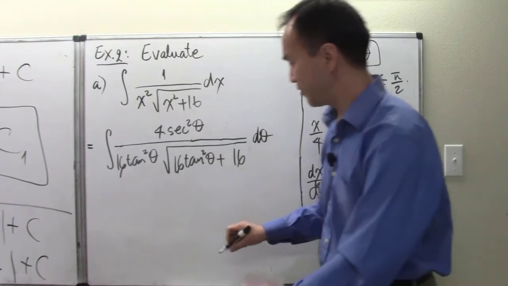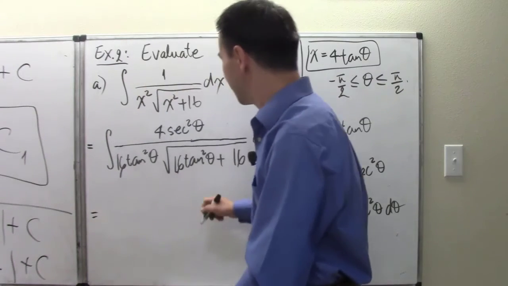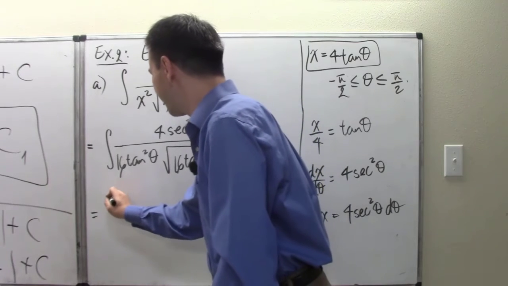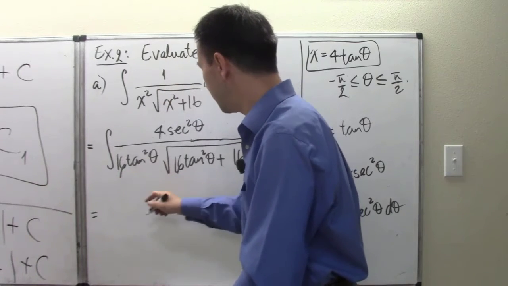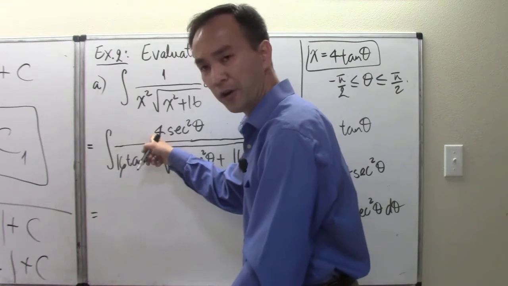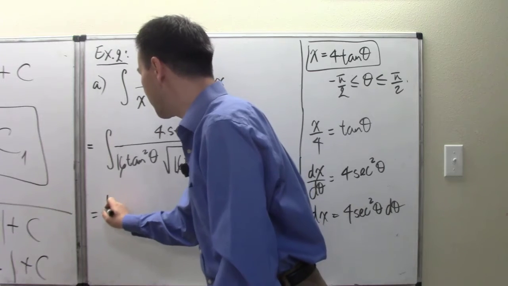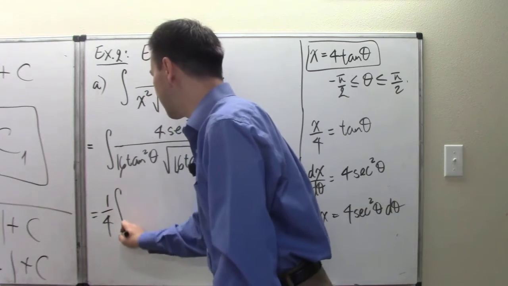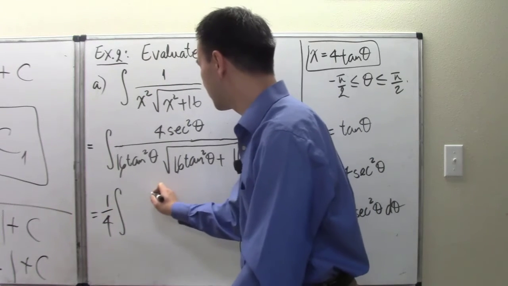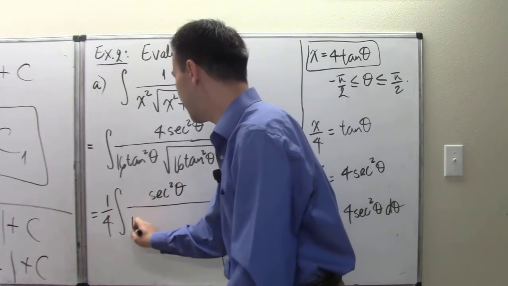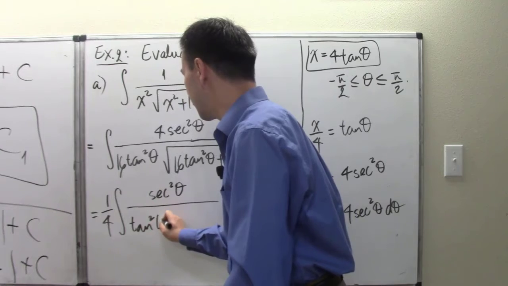Okay, so now we can do a little more with this. I can see that 16 will cancel with 4, and it leaves me a 1/4 in front. And in the meanwhile, now I have tangent squared of theta plus.